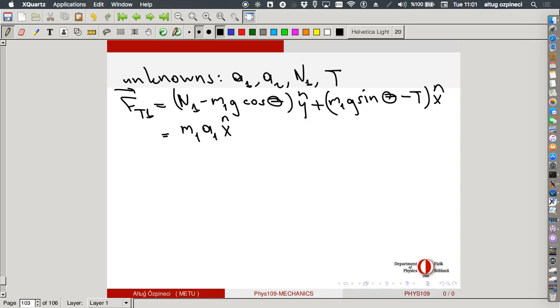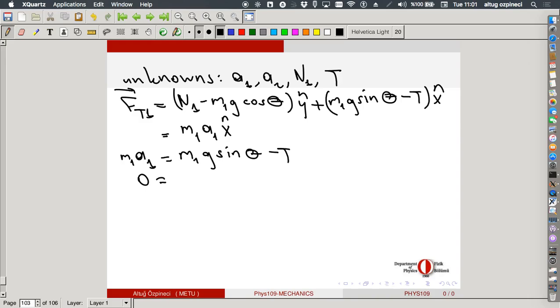So this is one vectorial equation, and it will lead to 2 algebraic equations. If you look at the x component of this vector, that is m1a1, it should be equal to the x component of the other vector, because these 2 vectors are equal, which is m1g sine theta minus t. And if you look at the y component, there is no y component, so it is 0.